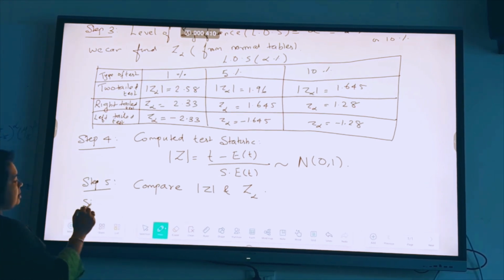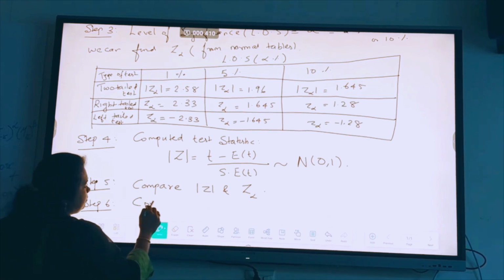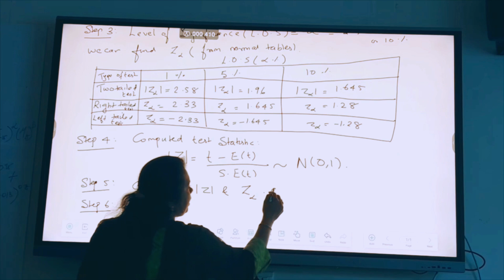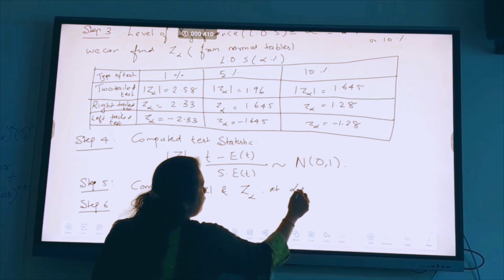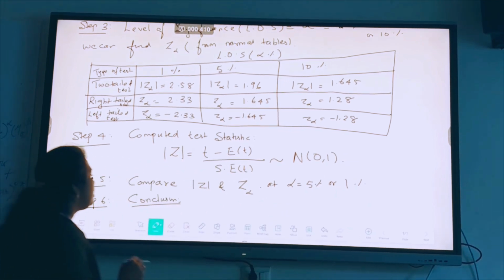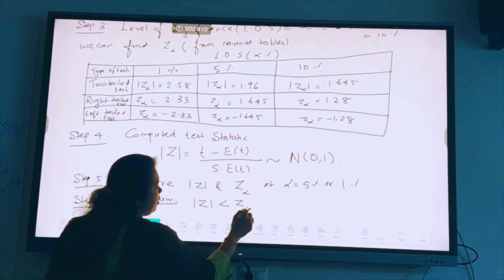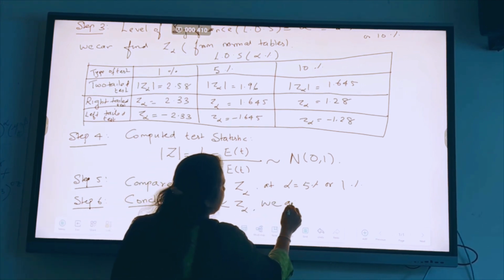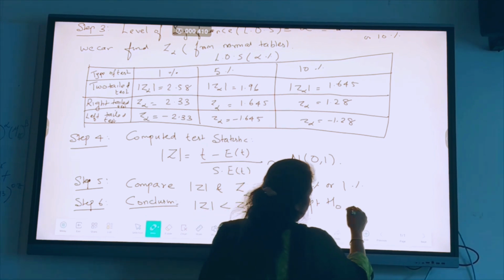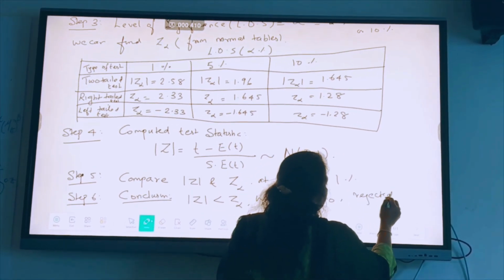Now, step 6 is conclusion. You have to compare at how many percent? Alpha equal to 5% or 1%. Conclusion: mod Z less than Z alpha means we accept H naught, and we reject H1, the alternative hypothesis.